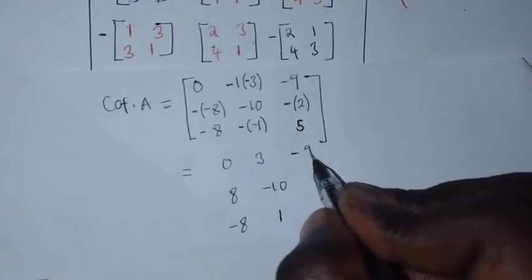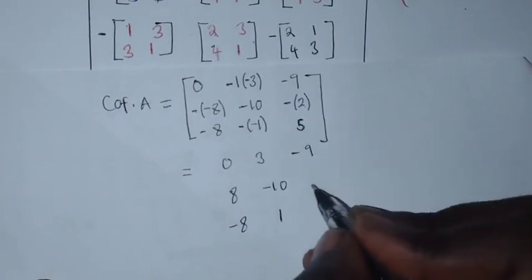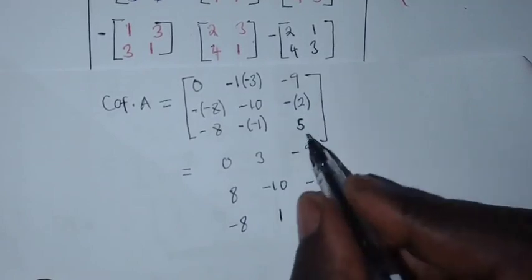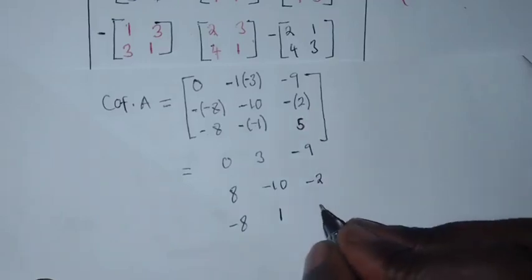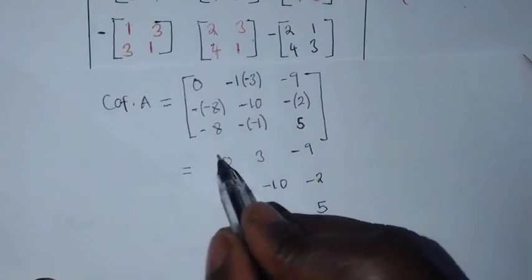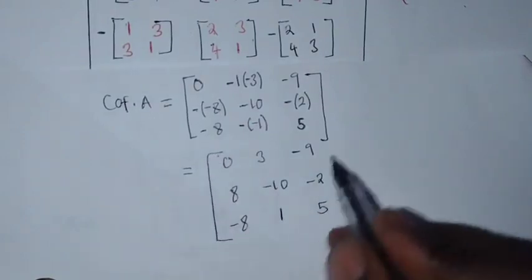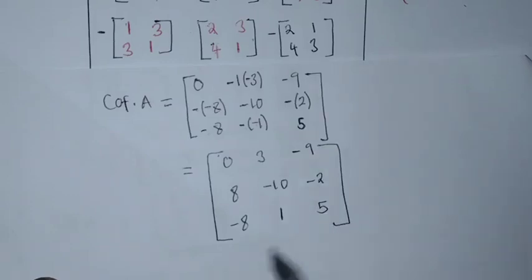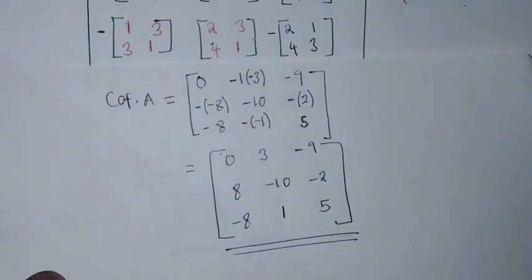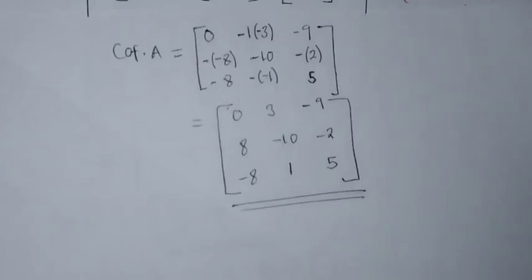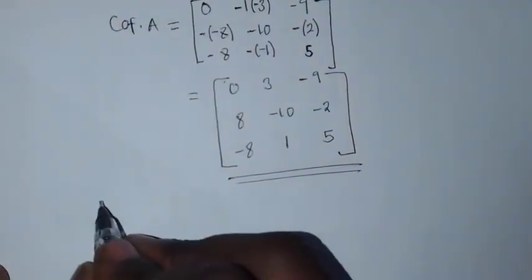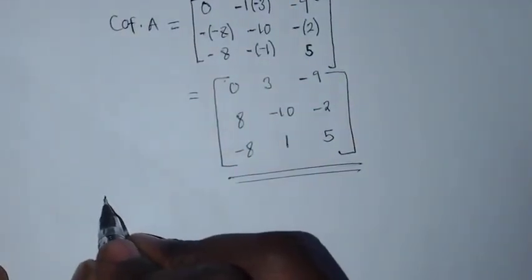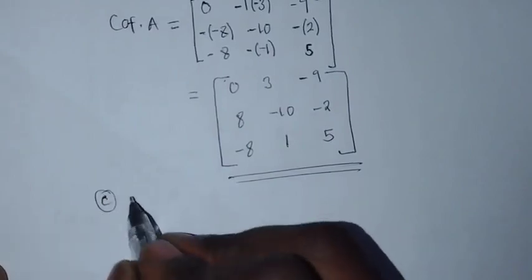Then here we have negative 2, so negative 9, negative 2, right here, and then we have a 5. Okay, then we have a 5 here. So this is the cofactor of matrix what? Matrix A.